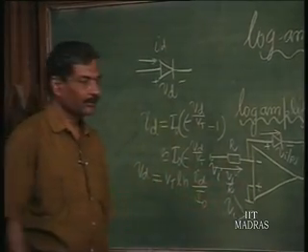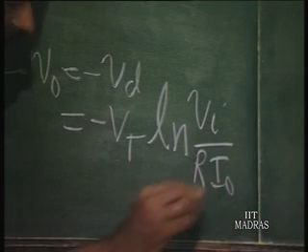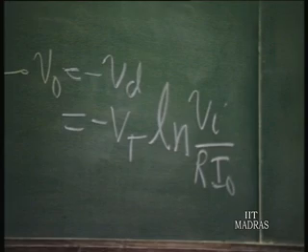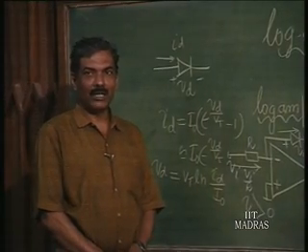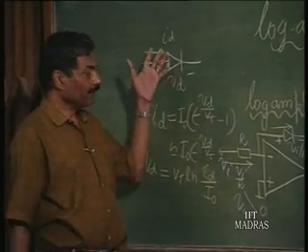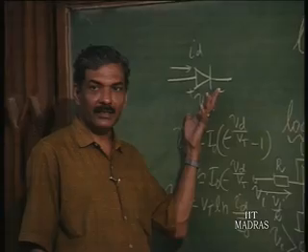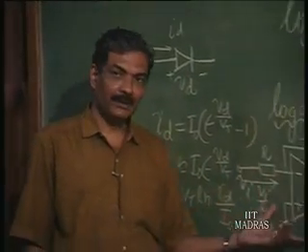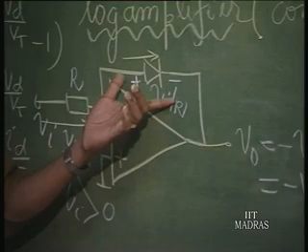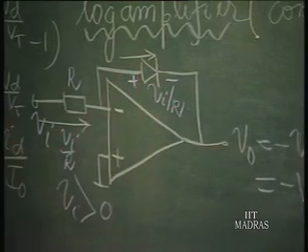Vi by R. So, Vi divided by R. So, this is what is called a log amplifier, a very simple structure where I have exploited the property of the diode where voltage and current are logarithmically related, and then put the op amp here to convert the voltage into current and made the current pass through the diode in the forward direction and developed a voltage across the diode, which became the output voltage.